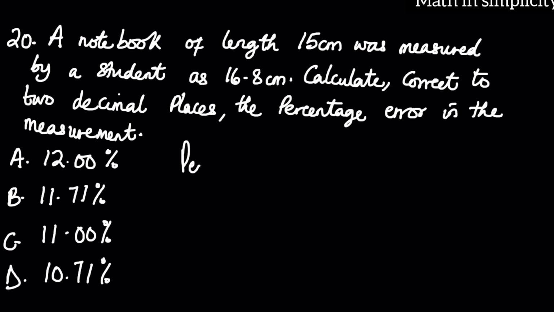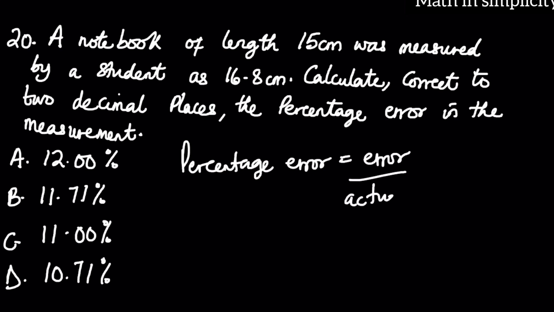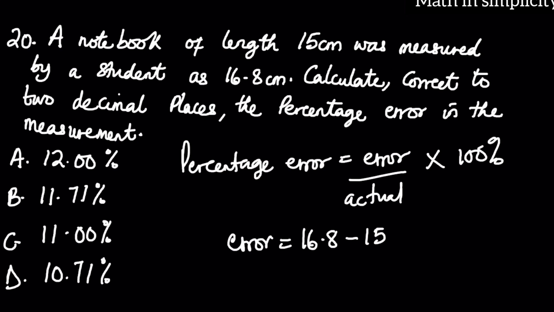So from the formula, we have that percentage error is equal to the error divided by the actual or original times 100%. However, what's the error? We have 15 subtracted from 16.8, which will give us 1.8 cm as the error.